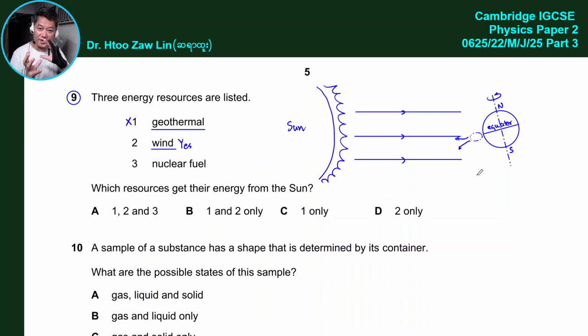The cooler and heavier air from the high pressure zone rushes to the low pressure zone here. That causes wind. So you know that air flows from high pressure zone to low pressure zone.